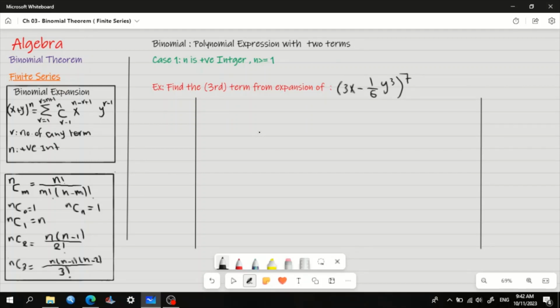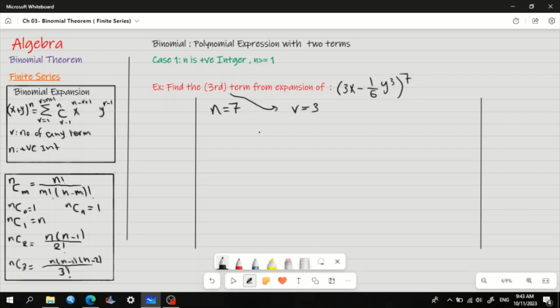Here we have n equal to 7, and from this r equal to 3.